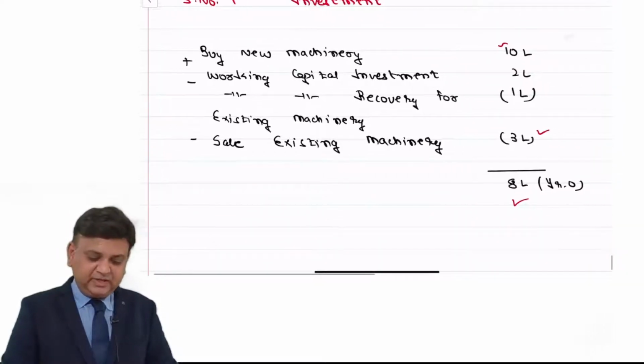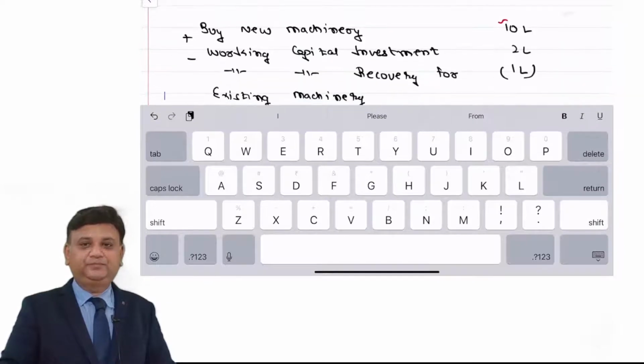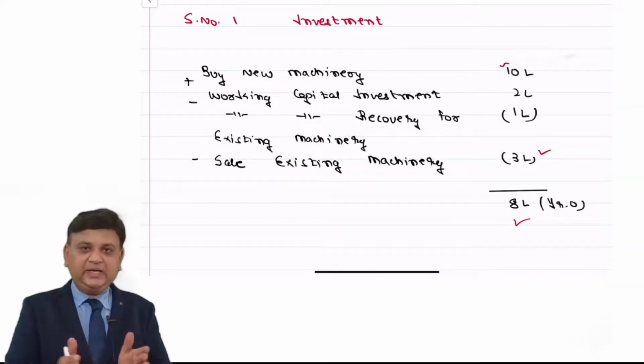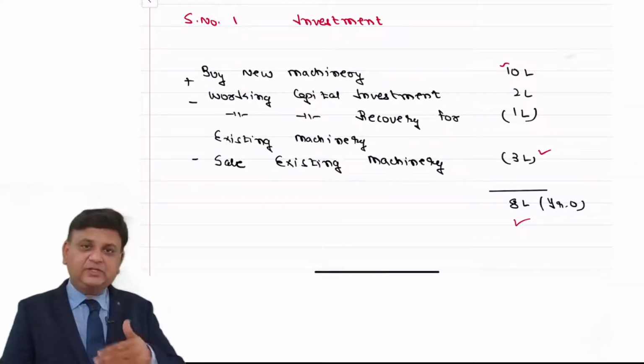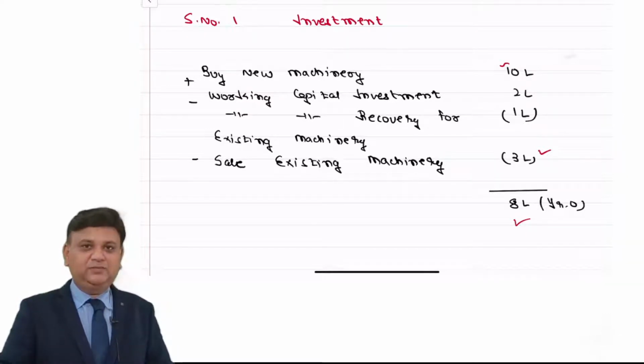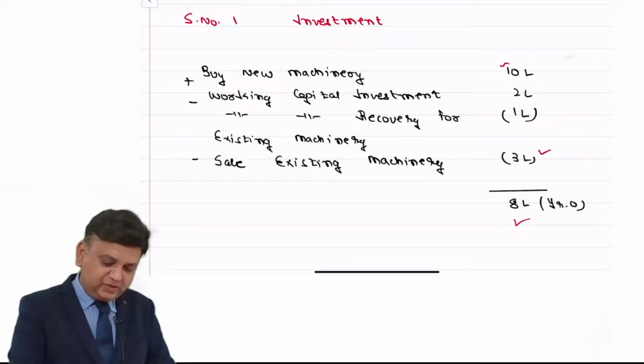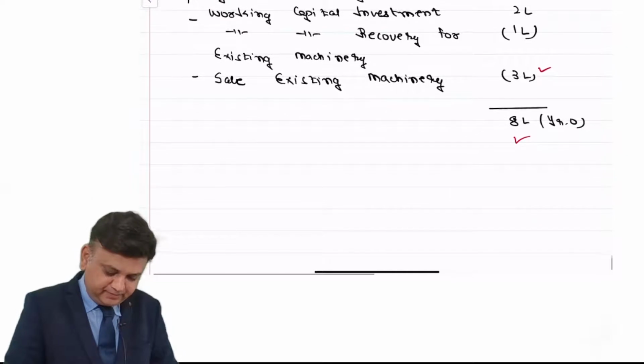So step number 1, investment is rupees 8 lakhs, calculated like this. You may write entire, or you may just give a reference of the earlier working, and investment is 8 lakhs in year 0. So students who want to write the reference only may write like this.